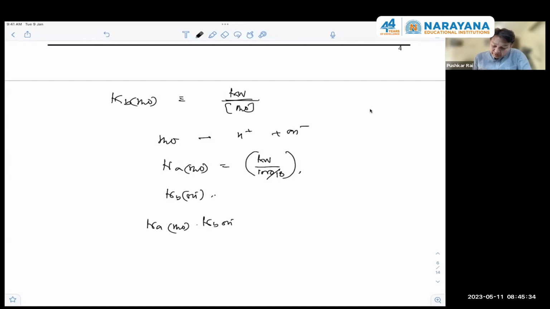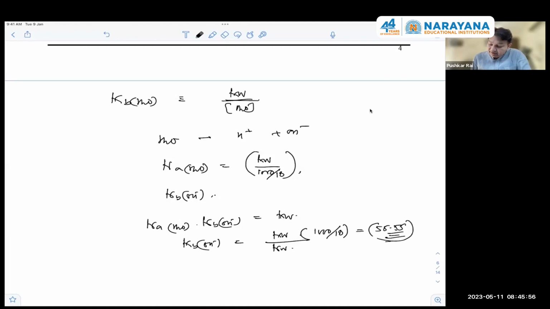KB of OH negative should be equal to what? KW. So if you apply this, what are you going to get? KB of OH negative is equal to KW divided by KW and multiplied by 1000 upon 18. So this quantity will come 55.55.